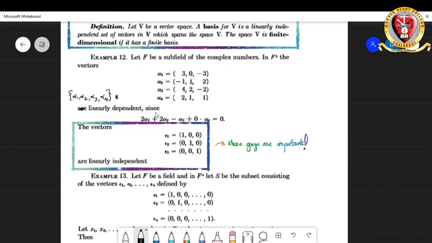You can say it in any way. Why? Because you can verify it: 2 alpha 1 plus 2 into alpha 2 minus alpha 3 plus 0 into alpha 4 is equal to 0.